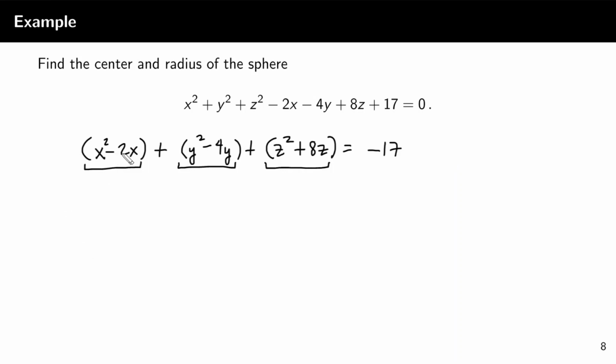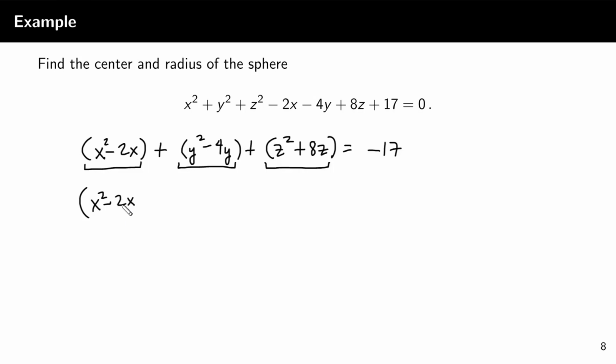So let's complete the square on the first group of terms, x squared minus 2x. How do we do completing the square again? We take the coefficient of x in this group, divide it by 2, and then square it.